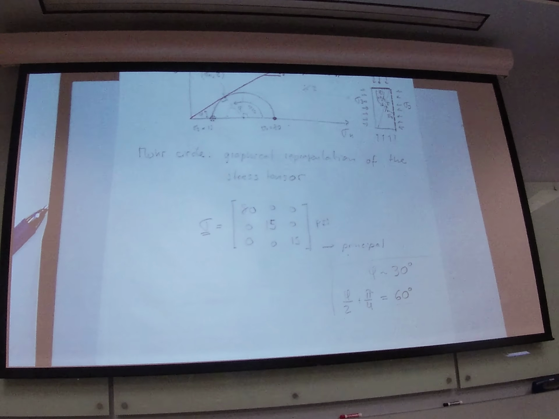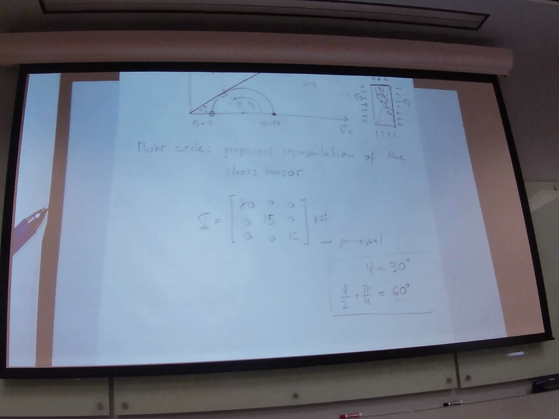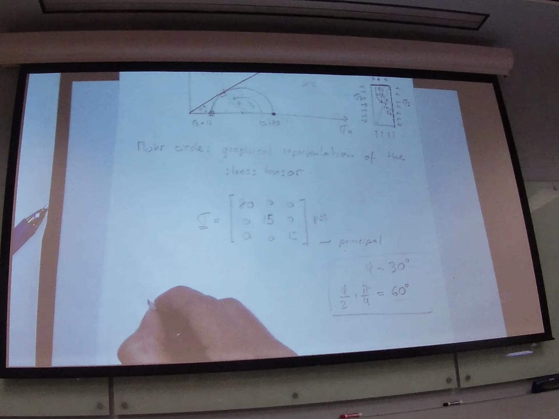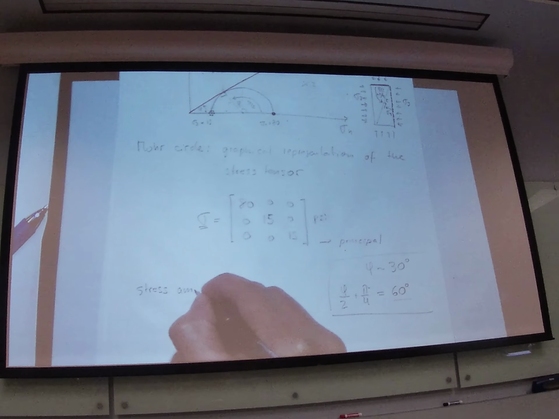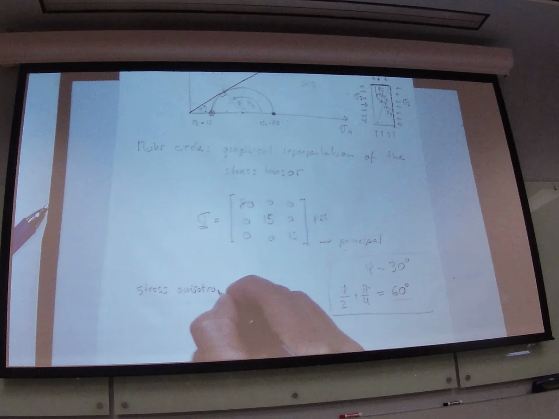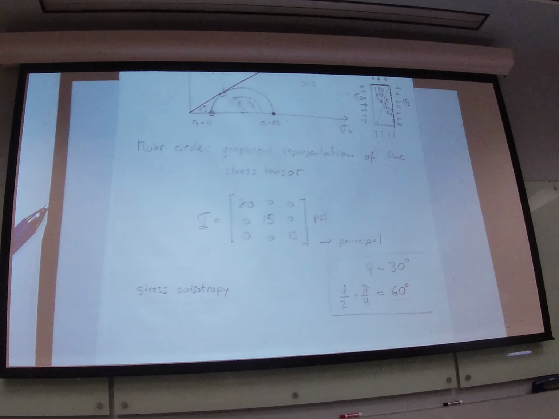Because we're going to see later on that eventually that's what we measure, and that's what you're going to use also to compute some of these shear strength parameters. So my question is, what sometimes is called stress anisotropy? Sigma 1 divided by sigma 3.